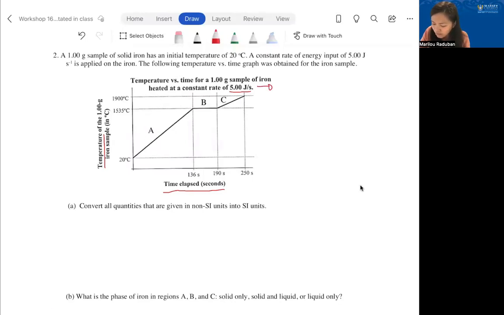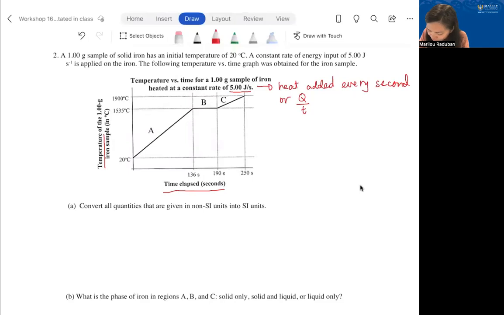So that means heat added every second, or Q divided by time, or the rate. That means that every second, 5 joules of heat is being added to the liquid iron, right?